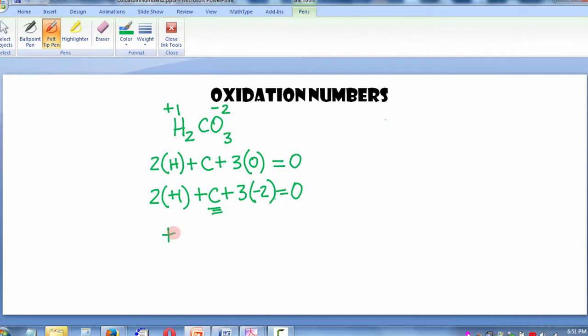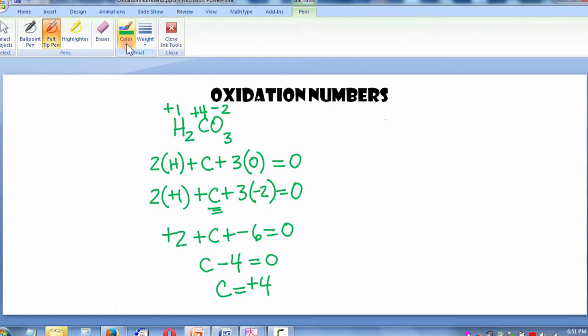So we have +2 plus carbon plus a -6 equals 0. So carbon minus 4 equals 0. So the oxidation state of carbon in H2CO3 must be +4.